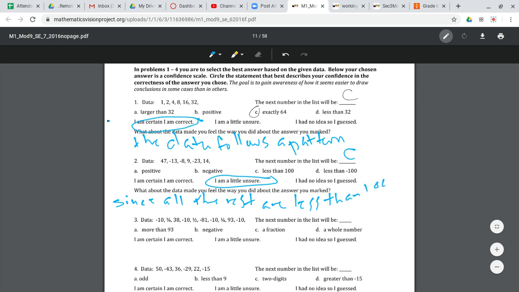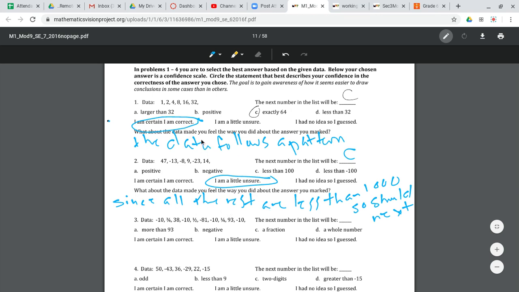So this is the kind of idea to think through and really think about what these are looking at and how you're thinking about the information.